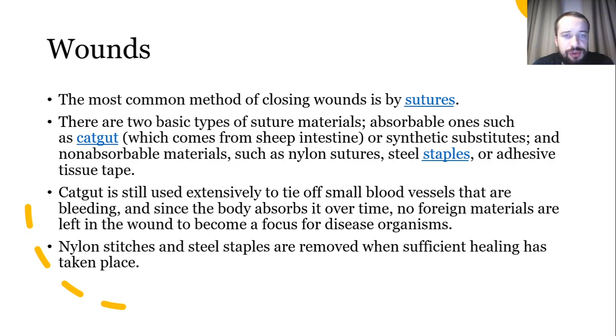Catgut is still used extensively to tie off small blood vessels that are bleeding, and since the body absorbs it over time, no foreign materials are left in the wound to become a focus for disease organisms. Nylon stitches and steel staples are removed when sufficient healing has taken place.